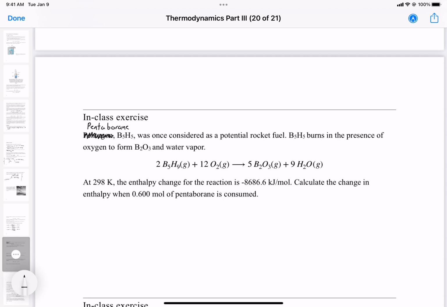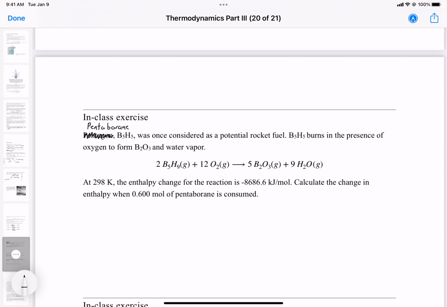Usually in space rockets they used hydrazine, which was known as rocket fuel for a long time, but I'm not sure what they use anymore. They might even use hydrogen peroxide or oxygen gas, because when you decompose hydrogen peroxide, it produces a lot of oxygen. So it's a good source of energy and propulsion for rockets.